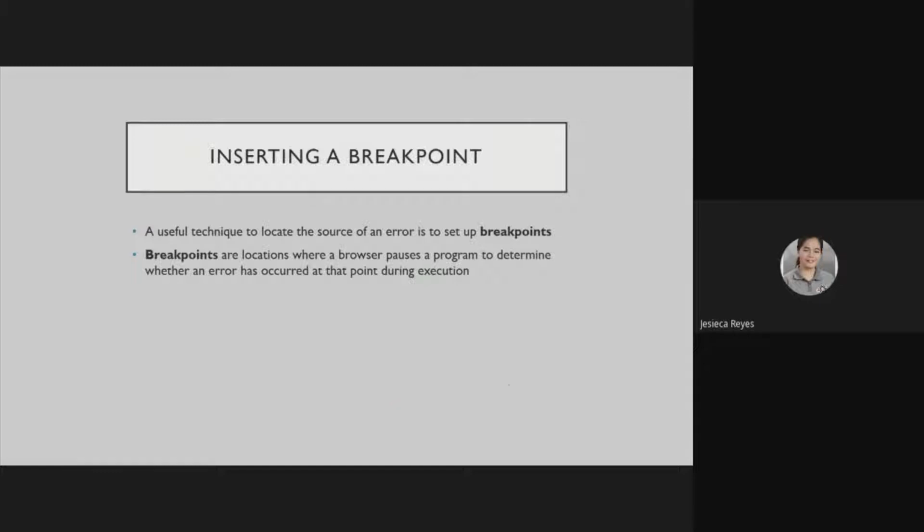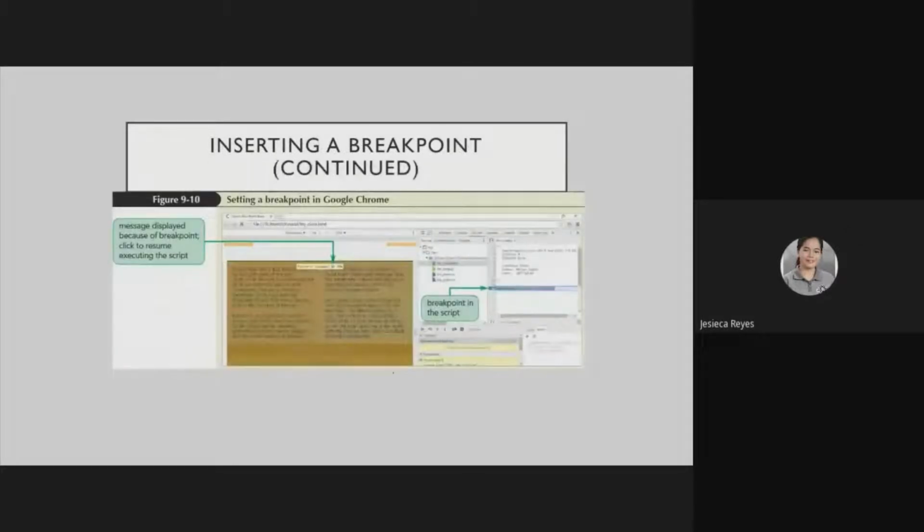These breakpoints are locations where a browser pauses a program to determine whether an error has occurred at that point during the execution, to trace your errors quickly. So you're going to put breakpoints. This is a figure on inserting a breakpoint using Google Chrome. Using the developer tools, we have here a breakpoint that is inserted in line 12.